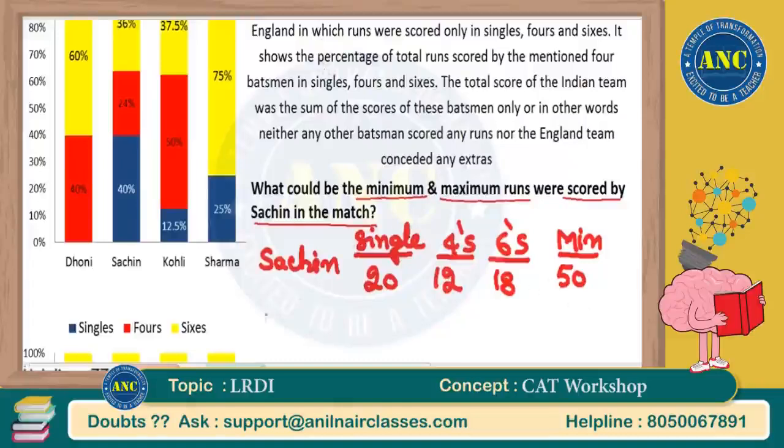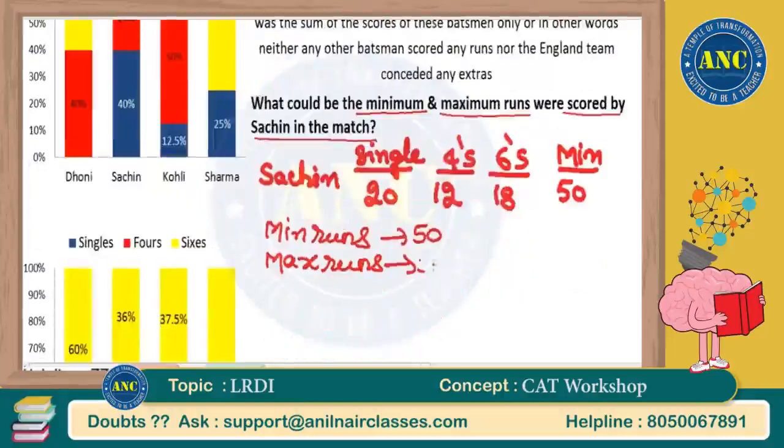Already we determined that. Maximum runs we cannot determine because it is dependent upon the score of the Indian team. Maximum runs could be any multiple of 5.